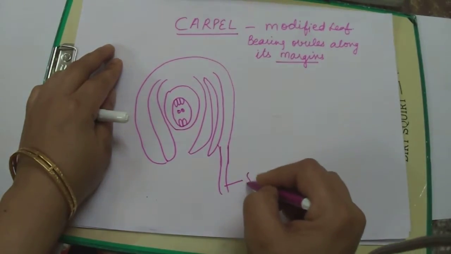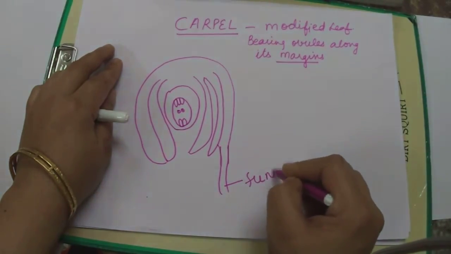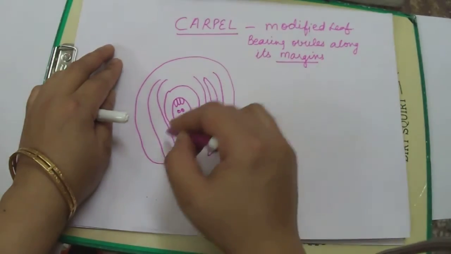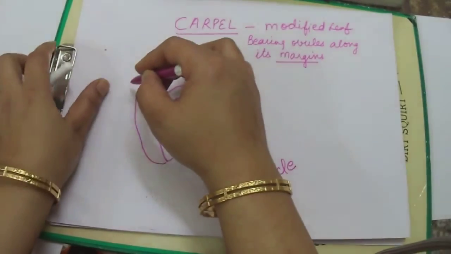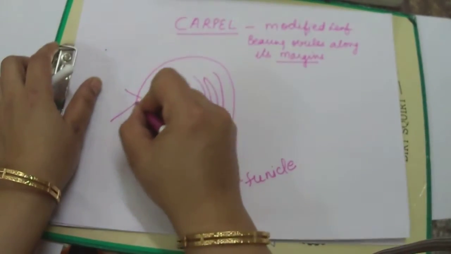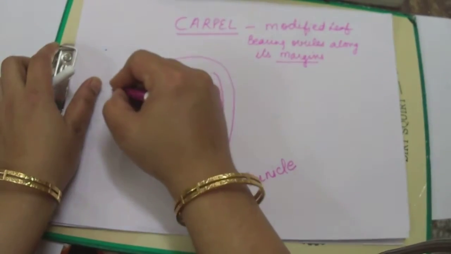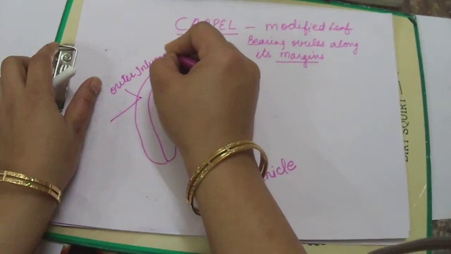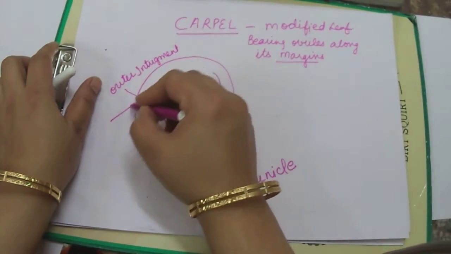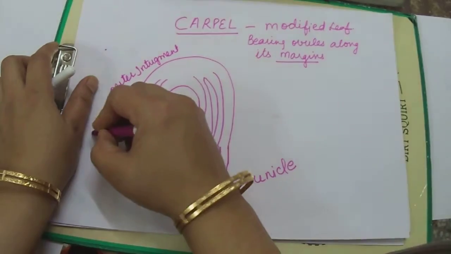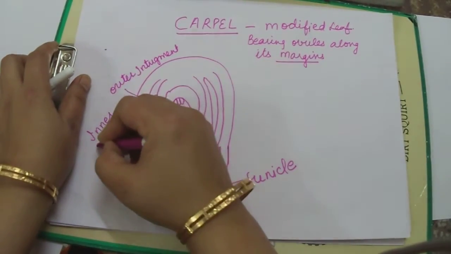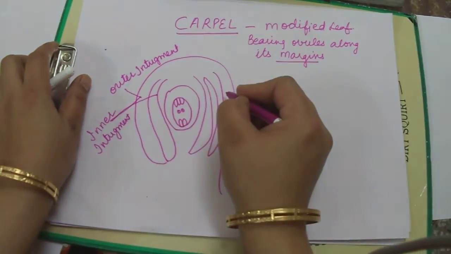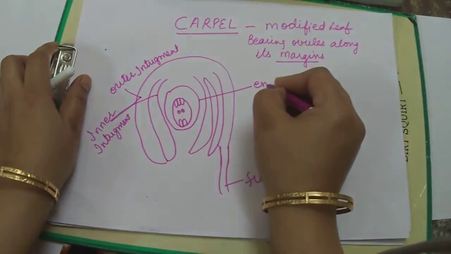This is the funicle. These are the integuments: outer integument, and this is the inner integument. And this is the embryo sac.